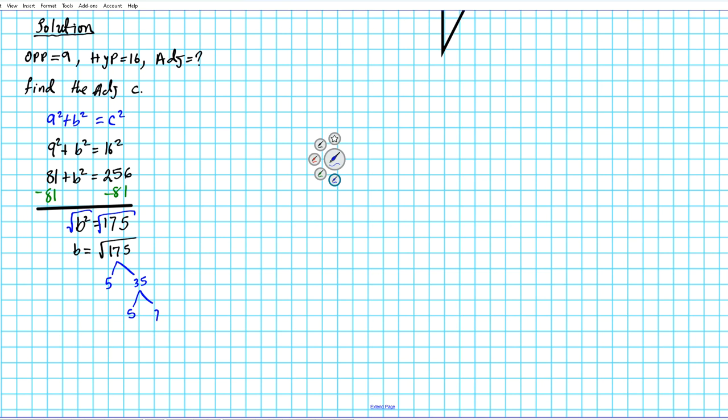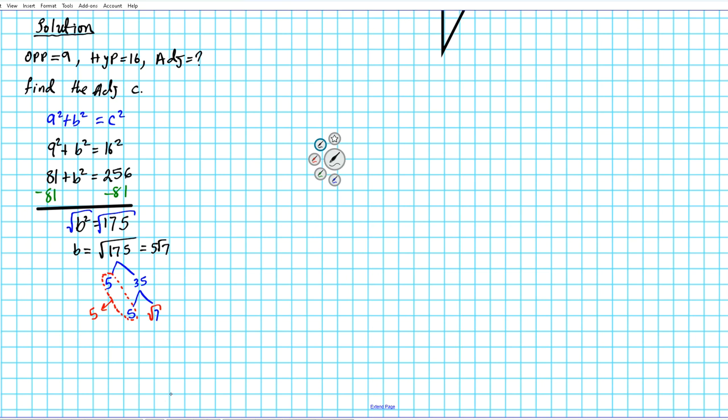All right, so we have a perfect square here. So the square root of 5 times 5 is the same thing as the square root of 25, or 5 squared. So that comes out as a 5. And this one stays behind. Okay, so the simplified value of b is going to be 5 root 7.